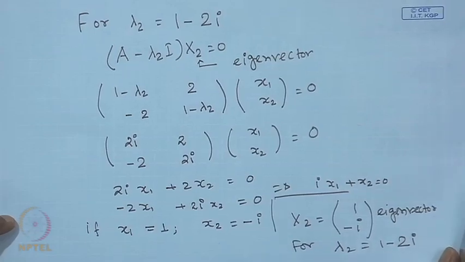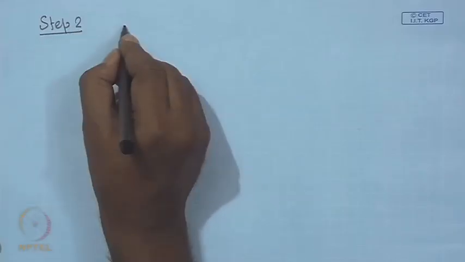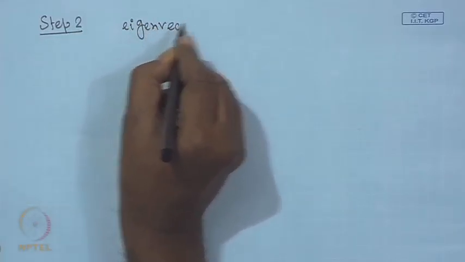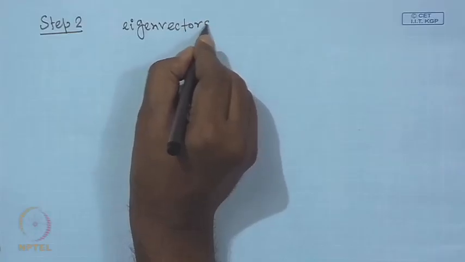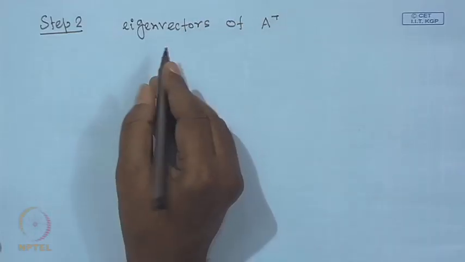Next step is to evaluate the eigenvectors for A transpose. So, that is step 2, eigenvectors of A transpose.